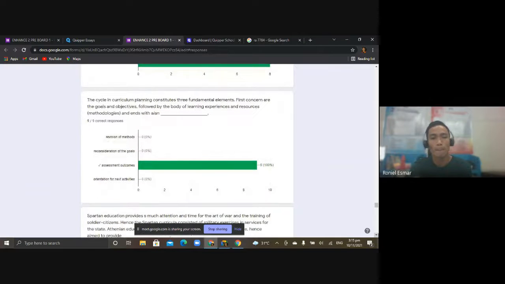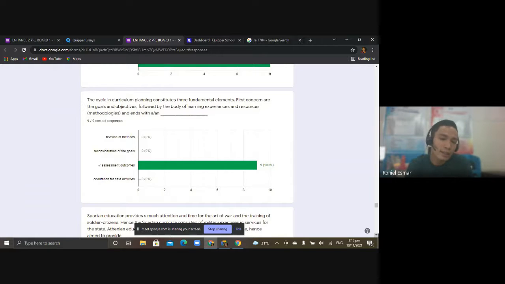Next item. The cycle in curriculum planning constitutes three fundamental elements. First concern are the goals and objectives, followed by the body of learning experiences and resources or the methodologies, and it ends with what we do after the actual body of learning in class. What will we do to make sure the students attained the learning objective?